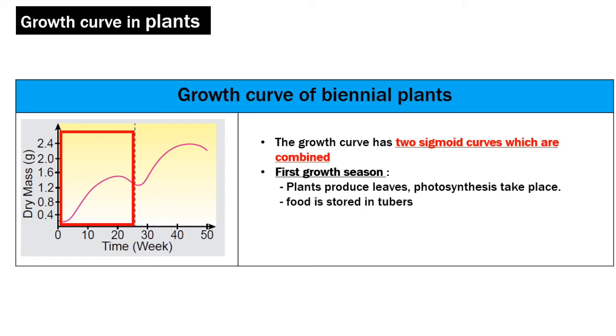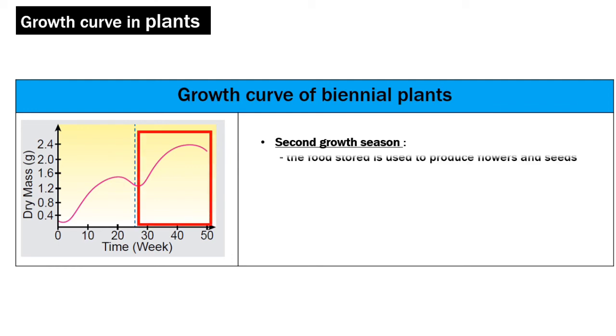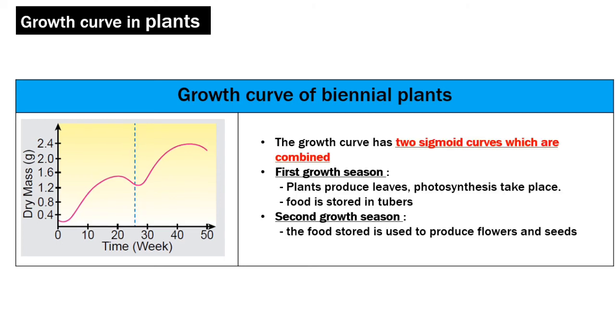The food is stored in tubers. In the second growth season, the stored food is used to produce flower and seeds. So for the growth curve of the biennial plant, there are two sigmoid curves which are combined.